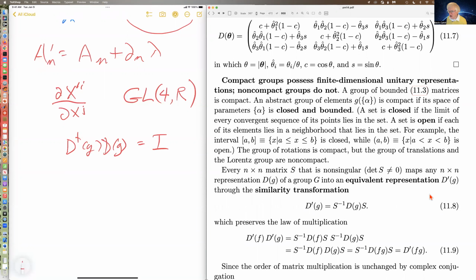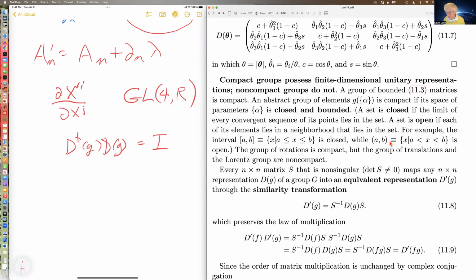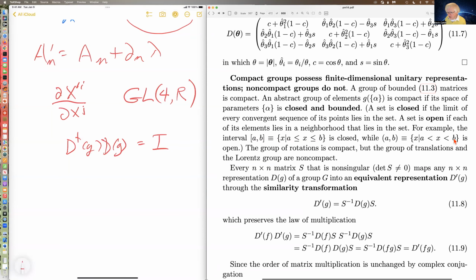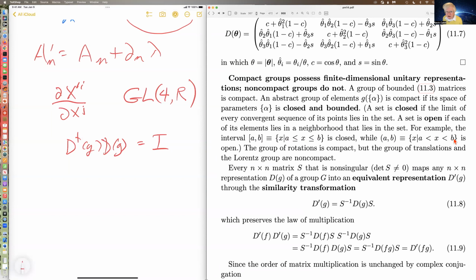The examples are, in one dimension, if A and B are two numbers, A less than B, then the set of points x between A and B, the open interval, is open, and the closed interval is closed. The reason is that you can have a set of points in the closed interval that approaches B and that approaches A, and A and B are in the set. Whereas here, you can have a set of x's that approach B, but B isn't in the set because it's an open interval.